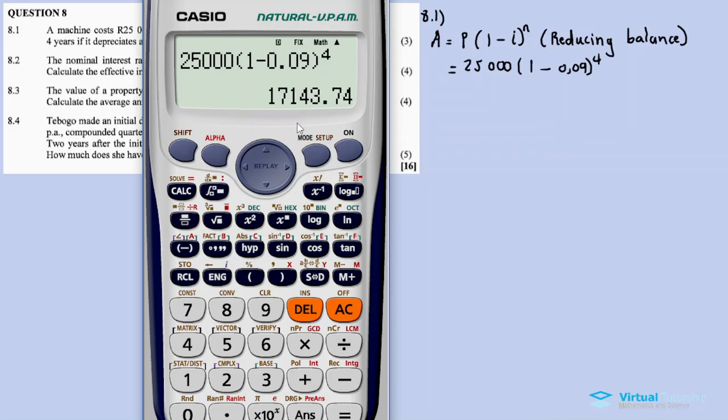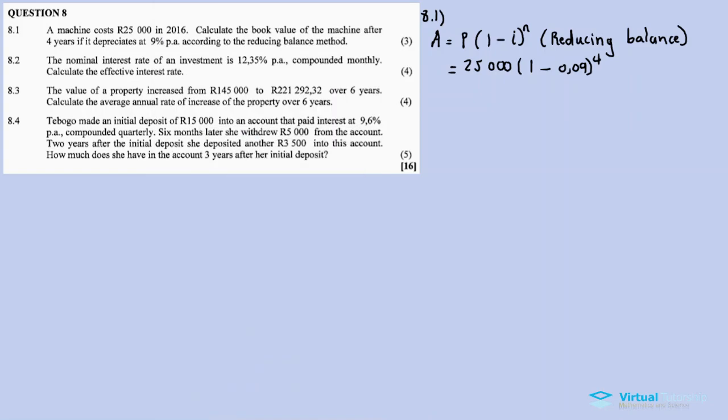The answer is 17,143 rand and 74 cents. So the value of the printing machine is 17,143 rand and 74 cents. So now they plan to sell this machine 4 years later, so they sell it for this amount.